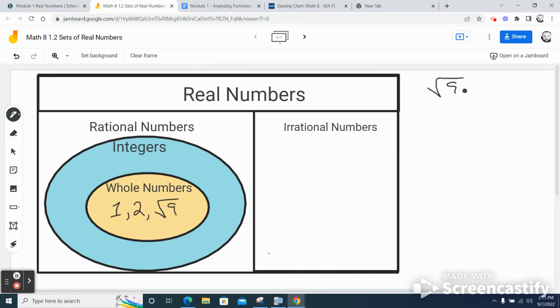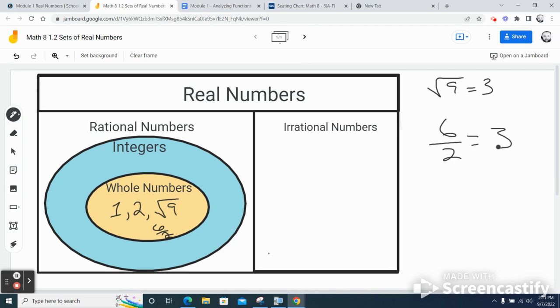The square root of 9 is 3. So technically that's a whole number, right? What about 6 over 2? Is that a whole number? What does 6 over 2 reduce down to? 3. So whole numbers are what we call counting numbers.